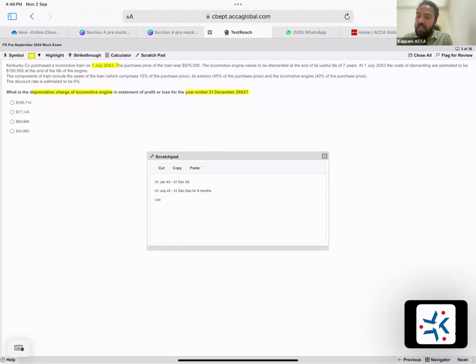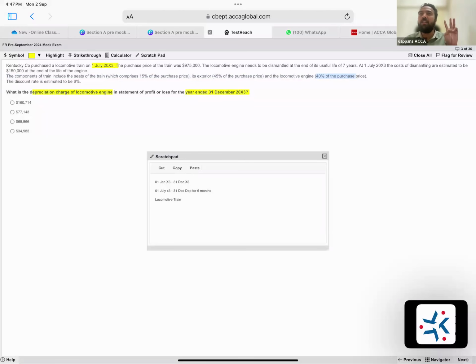So locomotive train, they're not asking us the depreciation of the locomotive train. They're asking the depreciation of the locomotive engine, which is 40% of purchase price. So this locomotive train includes three parts. One is the seats of the train, which is basically 15% of the purchase price.